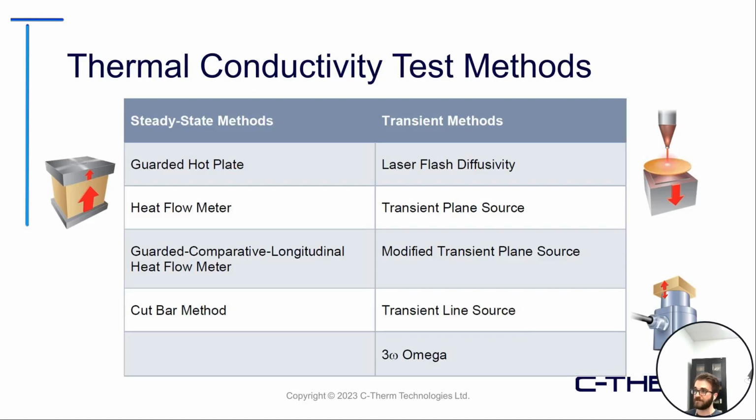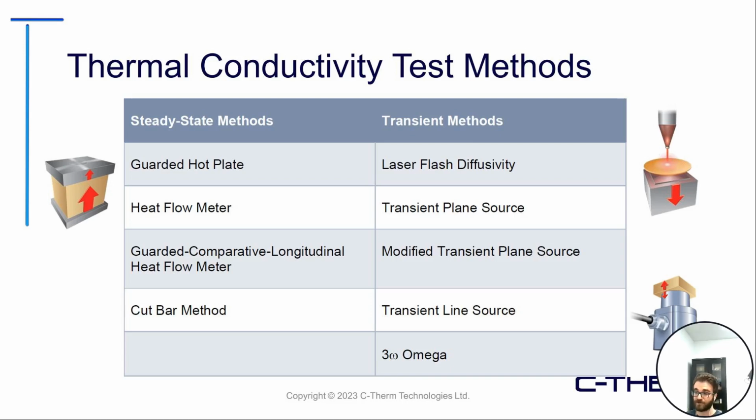So coming down to the test methods that we'll take a look at here today. Again, we focus primarily on transient-based techniques. These are things like the transient plane source, modified transient plane source, TLS, and the like. But there is another general class of methods which are steady state in nature. You can include things like the heat flow meters, guarded hot plates, things like this.